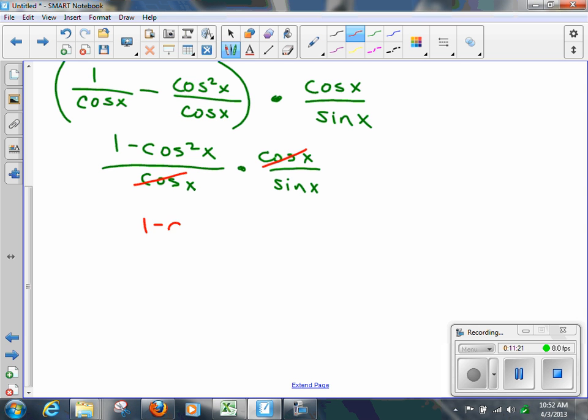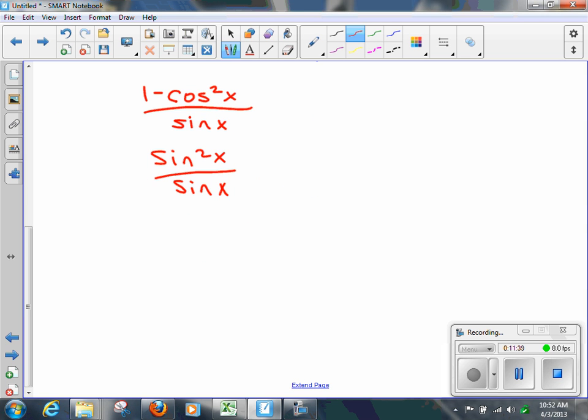Look what we got. 1 minus cosine squared over sine. What now? Look at the card. Why? Because it's a 1 minus cosine squared, which is a what? It is sine squared. What are we getting ready to set this thing up to do?